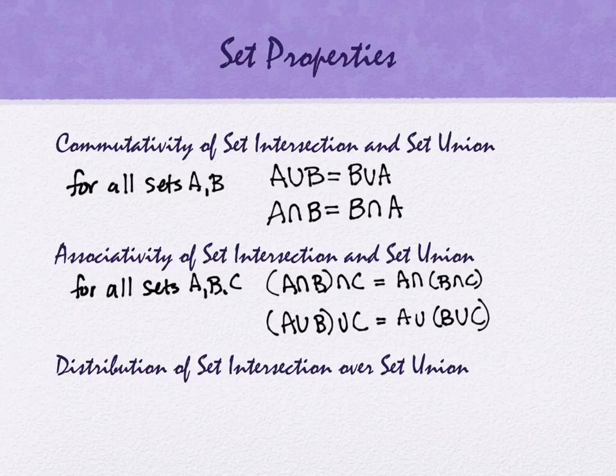There's a distributive property. So the distribution of set intersection over set union looks like this.